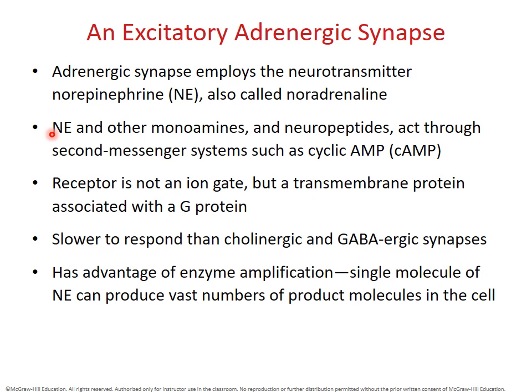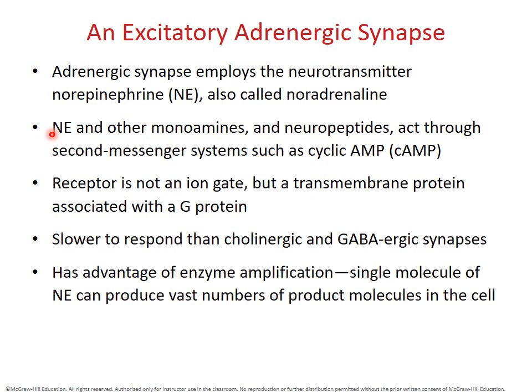Instead, the receptor for the neurotransmitter is going to activate a second molecule. And that second molecule, once activated, will then have an effect on the postsynaptic cell. Sometimes there are several layers to this, where the second molecule that's activated then goes on to activate a third molecule. And it's the third molecule that has a direct effect on the cell.